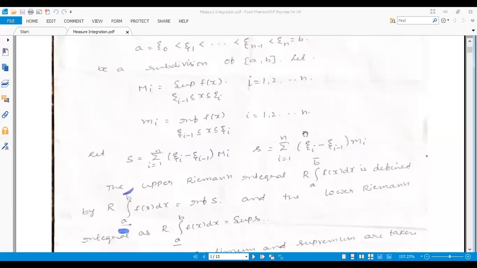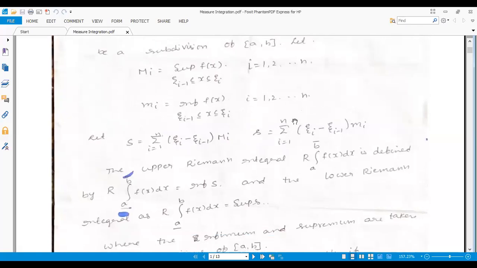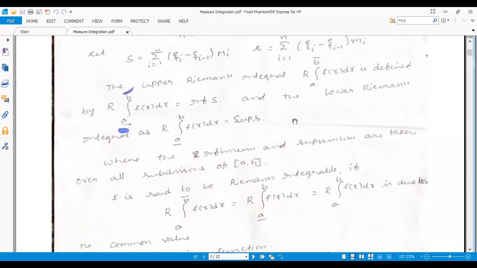These are the things you are already aware of. We take the infimum and the supremum over all the subdivisions of the closed interval [a, b].